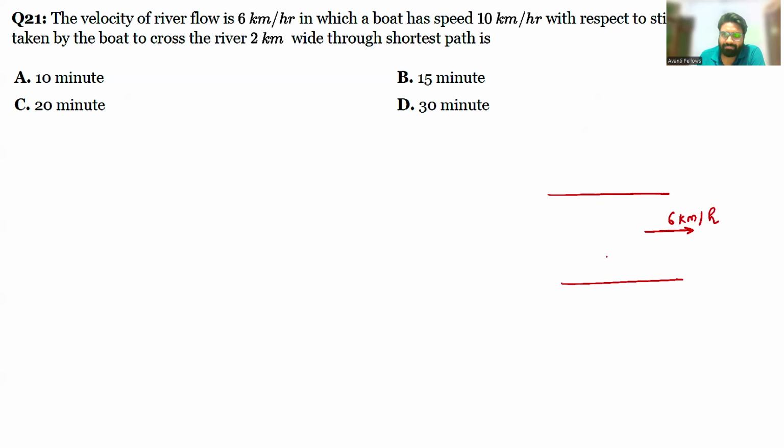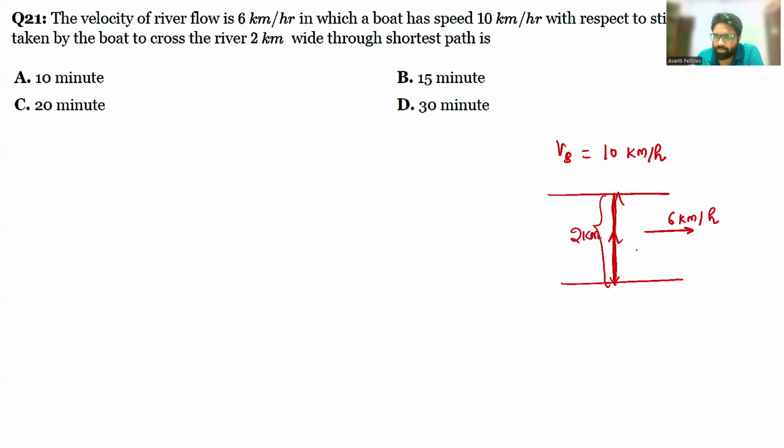Now the velocity of boat VB is given as 10 km per hour. But when the boat moves on the river, the velocity is with respect to the river flow. So if one has to travel the shortest path, this is the perpendicular path between the two banks. This is the shortest path, and this is the width of the river, 2 kilometers.